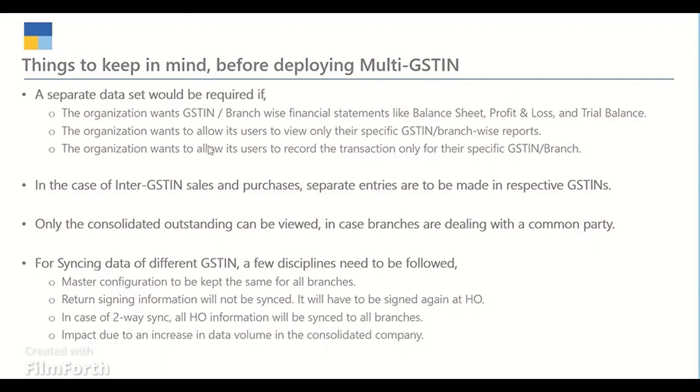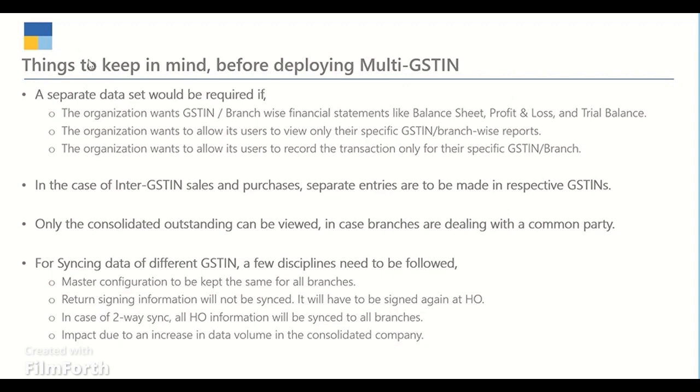Next, the organization wants to allow its users to view only their specific GSTN branch-wise reports. Now there are two GSTNs under the same data set. Whenever the report comes, if the customer is asking that 4 users should have access to reports only for Karnataka, and the other 2 users should have access to reports only for Telangana, that requirement will not be addressed.